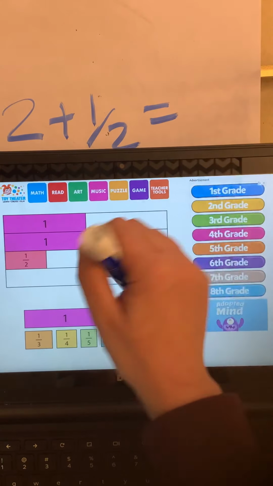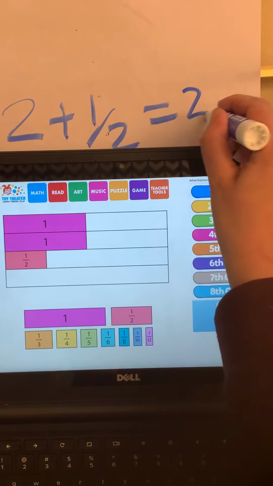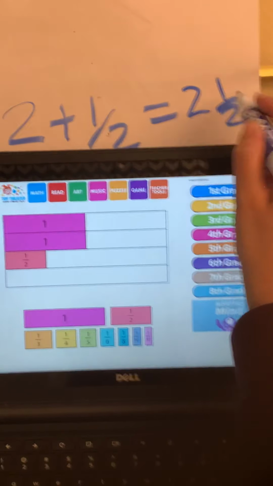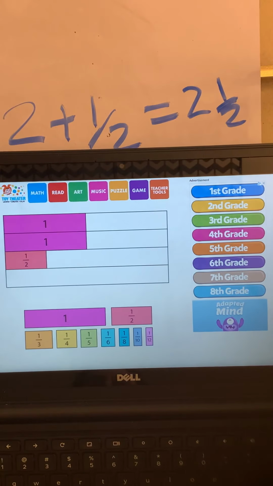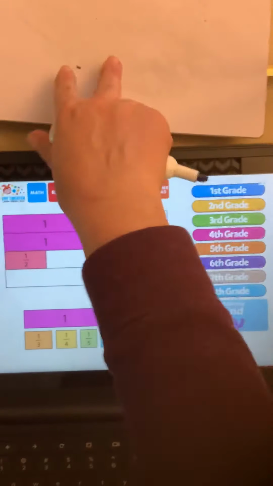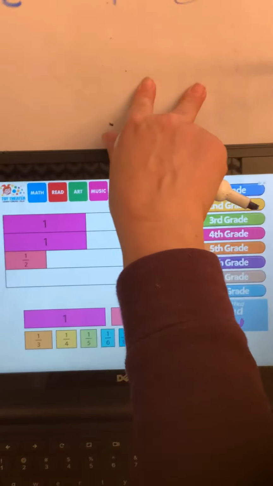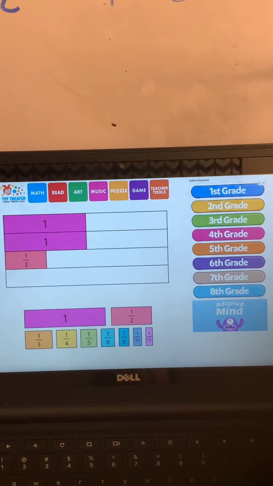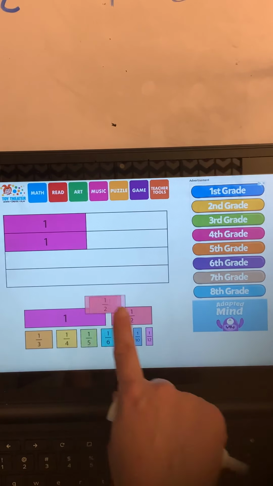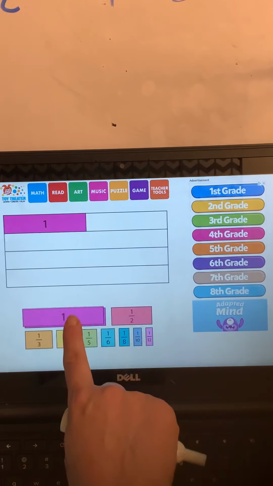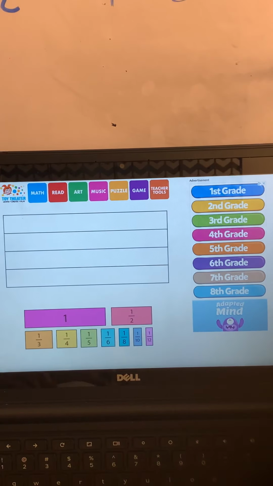What's my answer? 2 and a half. Simple as that. Now in the book, they actually use the diagram. I'm just showing you another way that you can do this, but you can use whatever they ask you. I just wanted to show you visually what this looks like.